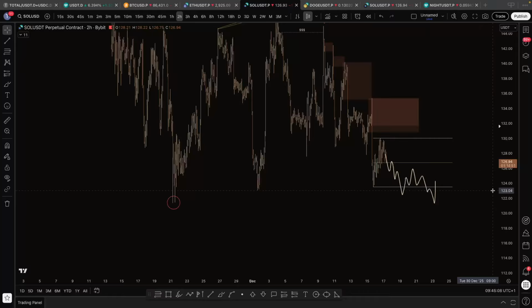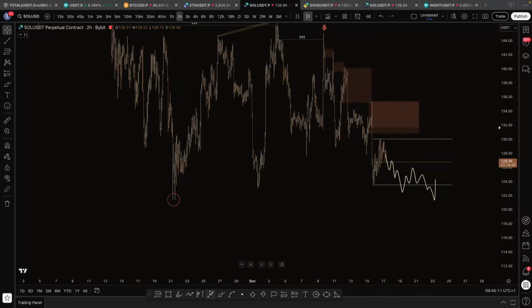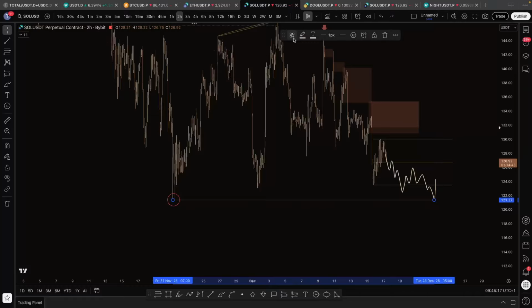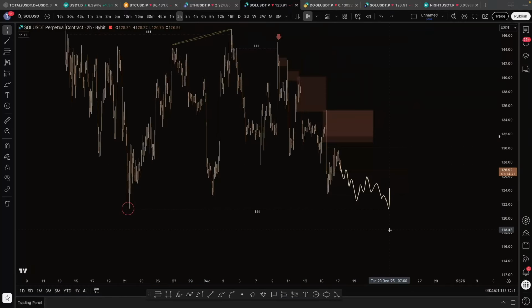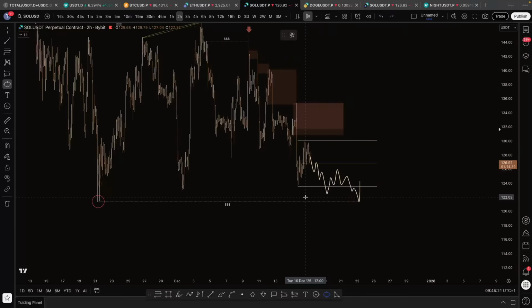So I will definitely watch it, because that means you have taken out this low. You have taken out that low, and that will mean all the liquidity is grabbed, and I would definitely trade a local model right there. But we have to go down first.